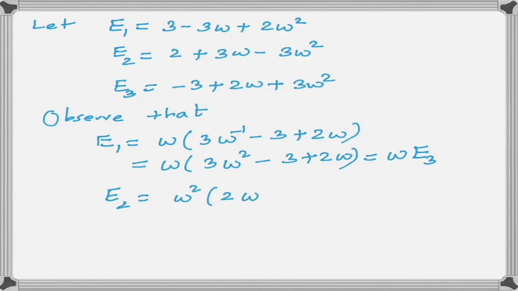Omega square times (2 omega to the power minus 2 plus 3 omega to the power minus 1 minus 3). Recall that by the previous remark, omega to the power minus 2 is equal to omega, whereas omega inverse is equal to omega square.